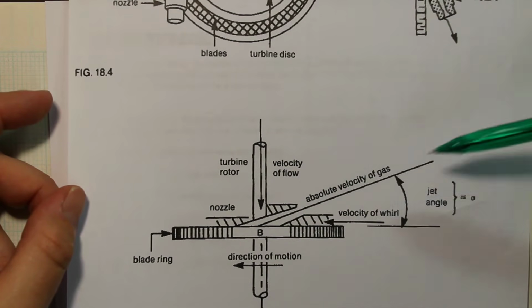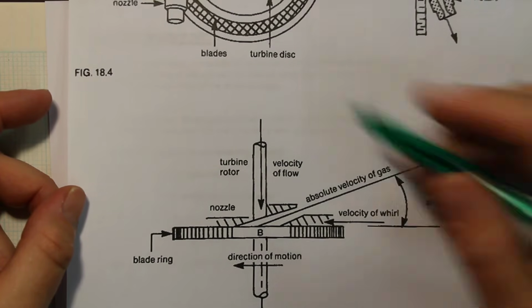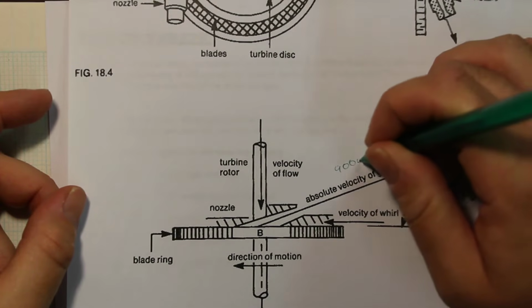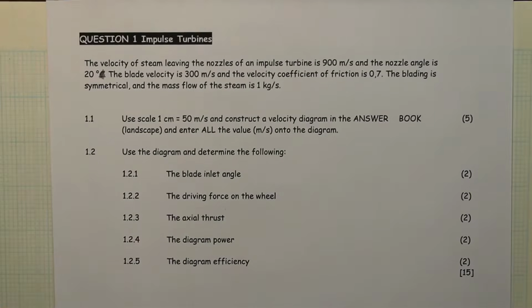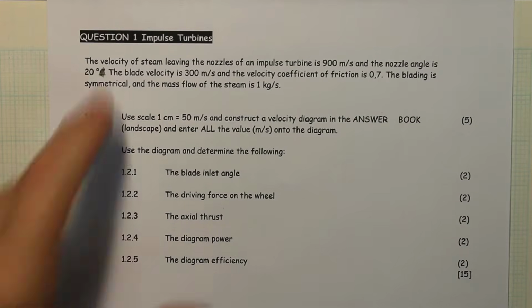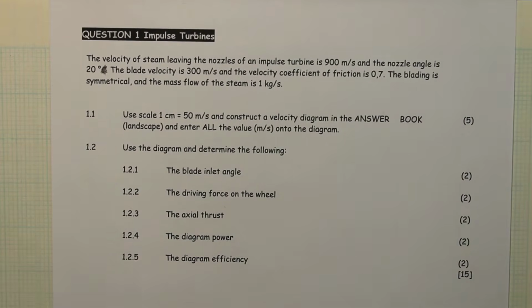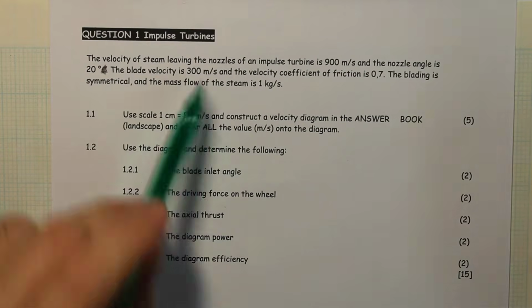They tell us that the velocity of the steam coming in is 900 meters per second, and they tell us the angle as well: 20 degrees, not degree C like I wrote there, sorry. The blade velocity is 300 meters per second.